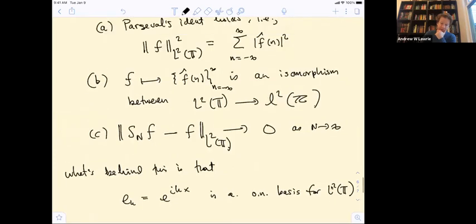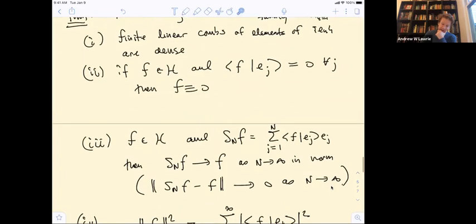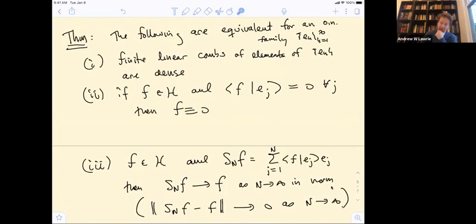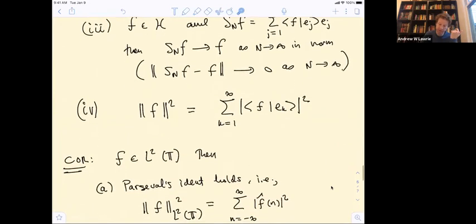Meaning once we have any of these conditions for the EK and the little L2 of Z, then the rest hold. In particular, you have pointwise convergence, and this is Parseval's identity here.